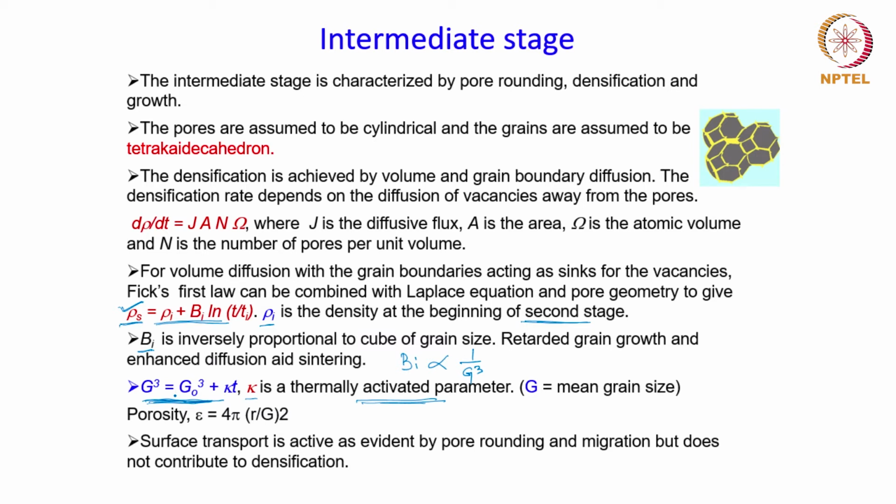So the final grain size G, which is obtained after sintering, will depend on temperature, and from this equation you can see that with increasing temperature the grain size G will increase, and therefore you can expect some grain coarsening to occur.